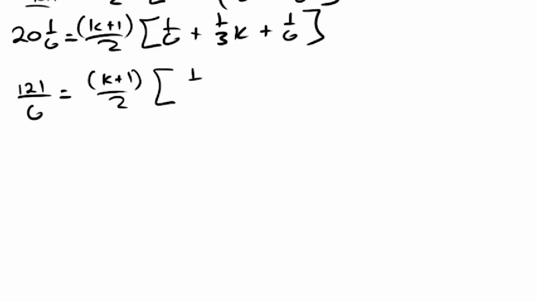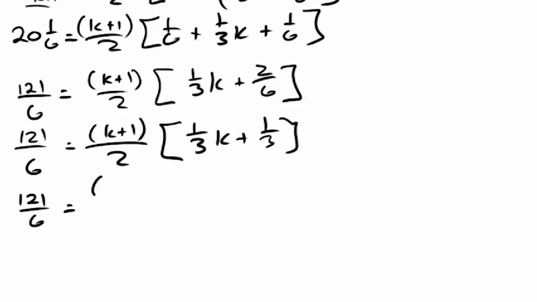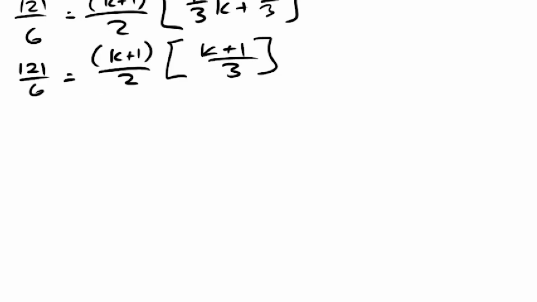This will be 1 over 3k plus 2 over 6, which is 1 over 3k plus 1 over 3. So we have 121 over 6 equal to k plus 1 over 2, times k plus 1 over 3.